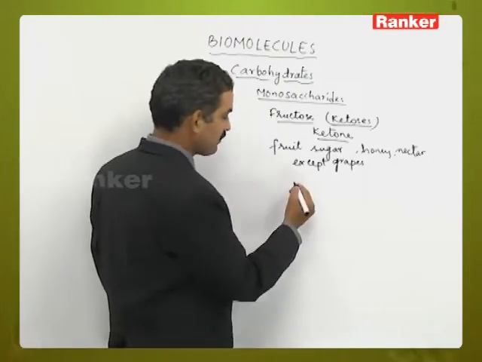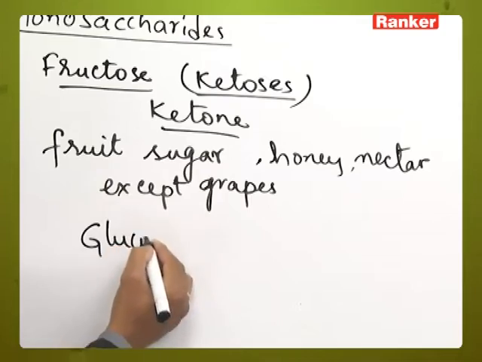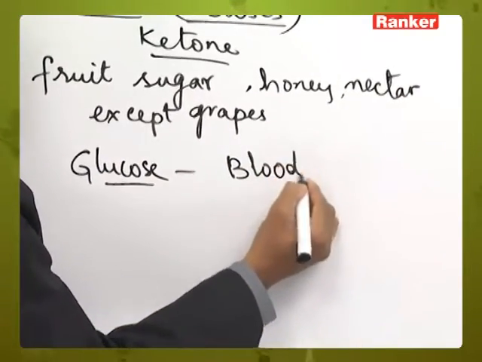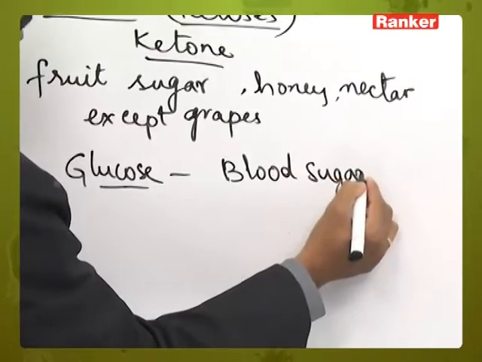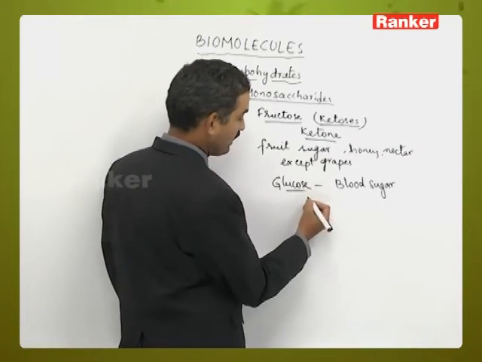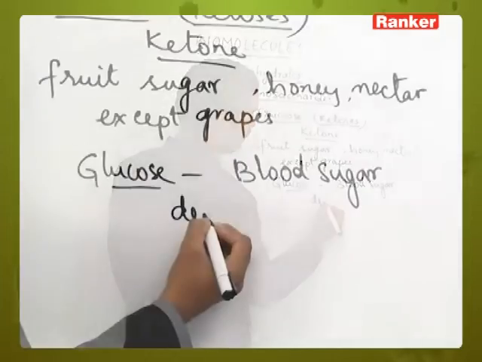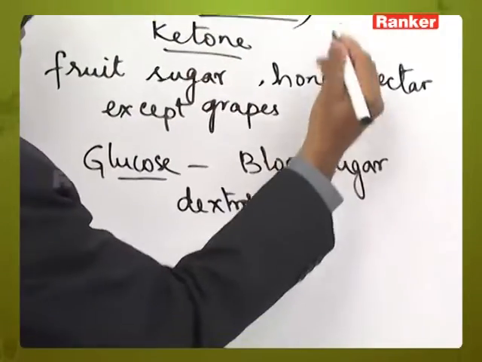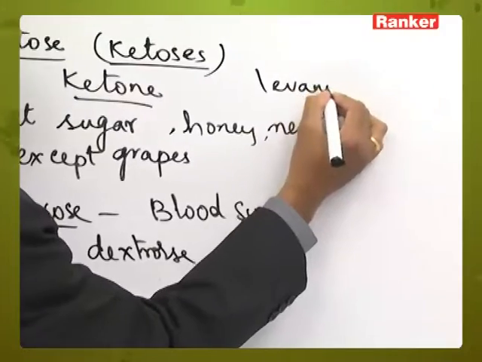Like glucose, if you take it, glucose is the one present in the blood, so we call it blood sugar. Here this is showing the dextrose structure, whereas fructose is showing the levulose structure.